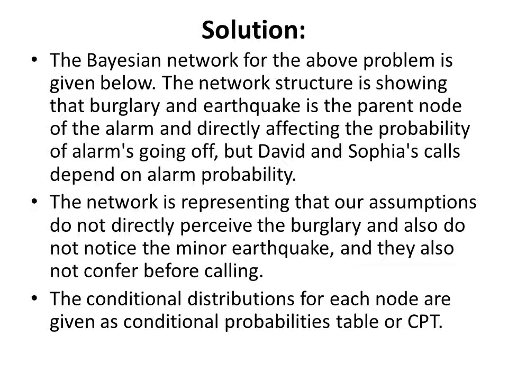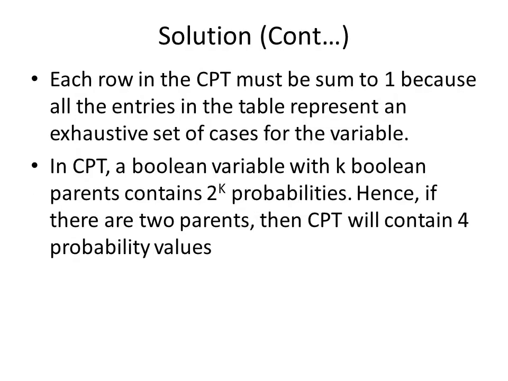The conditional distributions for each node are given as a conditional probability table, which is CPT. Each row in the conditional probability table must sum to 1, because all the entries in the table represent an exhaustive set of cases for the variable.